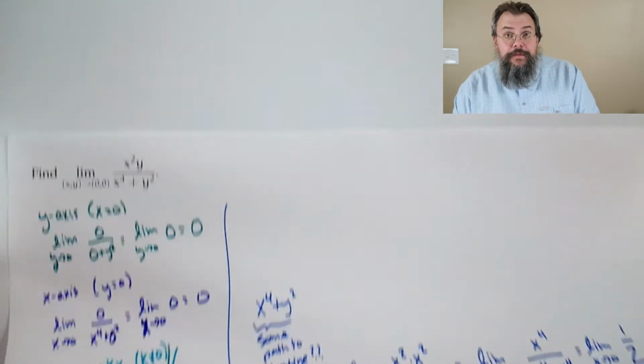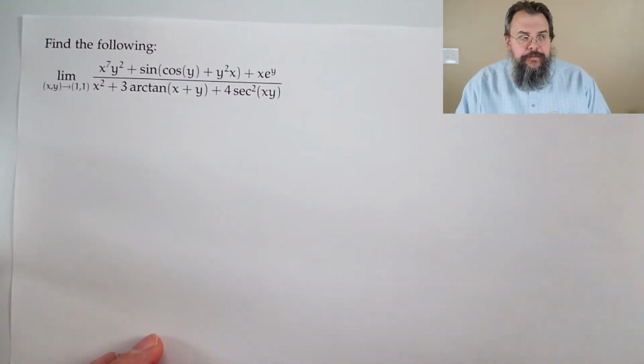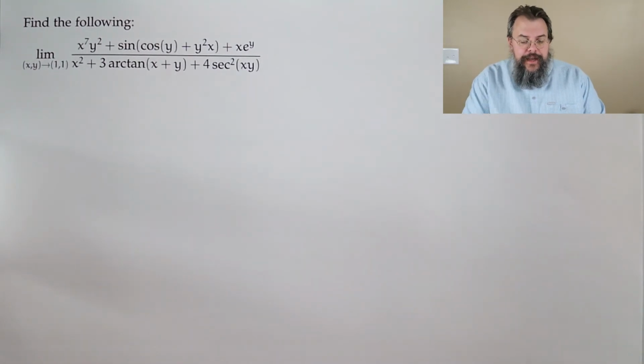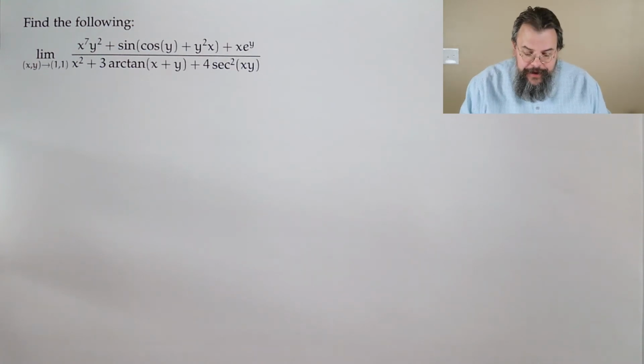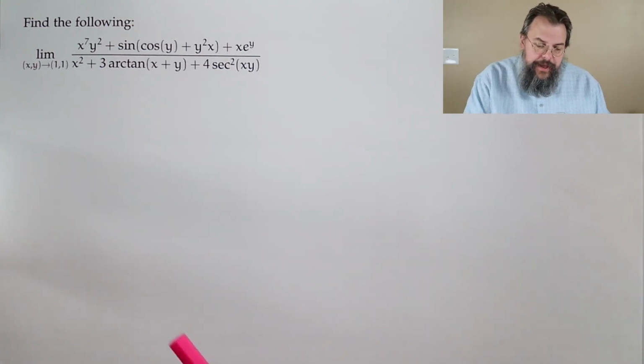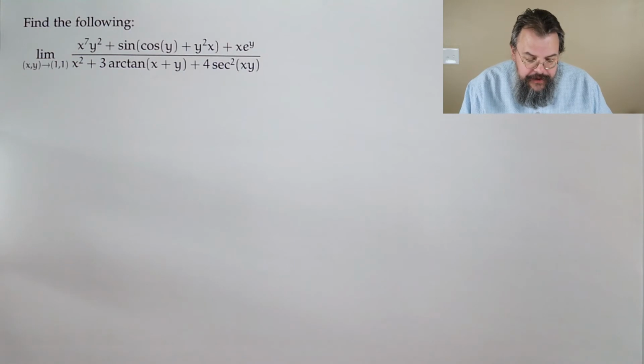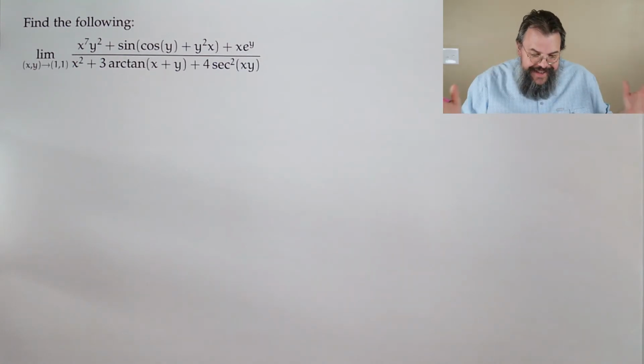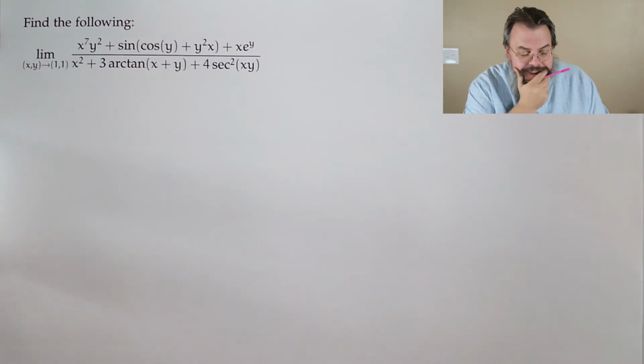All right. Well, more problems, right? More problems. So, find the following. Limit as we go to 1, 1. Okay, what is it? Well, x to the 7th y squared plus, oh my gosh, what? Sine cosine y plus y squared x plus x e to the y, and that's just the numerator.